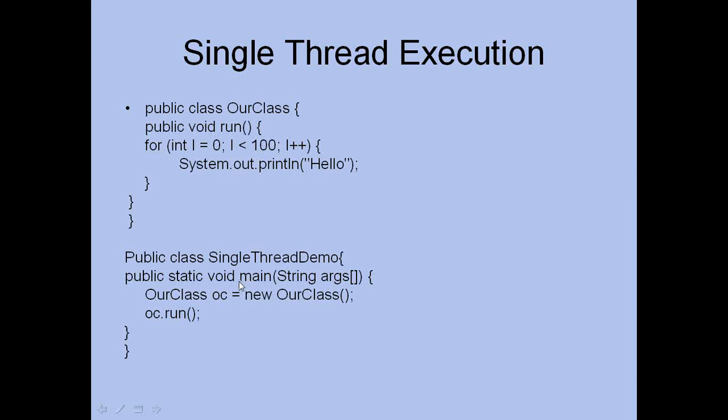Professor, the hello will be printed 99 times, right? 0 less than, 0 to 100. If you put less than or equal to, it will be 100 times. Okay, 0 to 99 is 100 times, right? If you put less than or equal to, it will be 101 times.